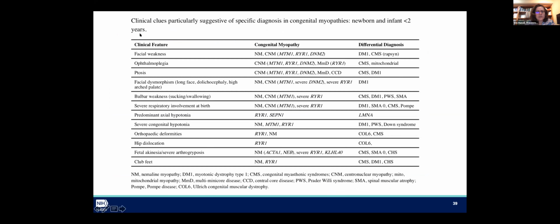And as I say, facial weakness and ophthalmoplegia, this is what is described as Moebius syndrome, but those are muscle disorders. So nemaline myopathy, centronuclear myopathy, a range of findings, and I will not cover that in more detail for now.